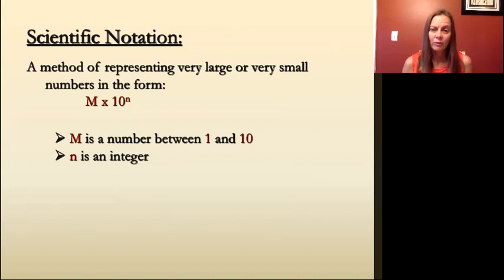We use this form where we have a number between 1 and 10, which we call the coefficient, times 10 to a power, and that power is always going to be an integer. This is standard scientific notation, and it's really important to remember to have that coefficient be between 1 and 10.